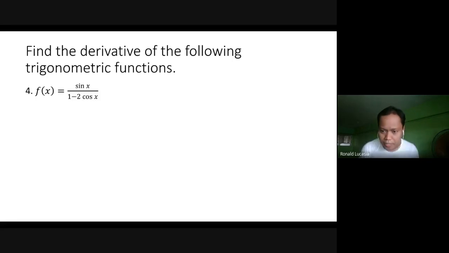From Cedric, cosine x minus 2 over 1 minus 2 cosine x squared. Okay.